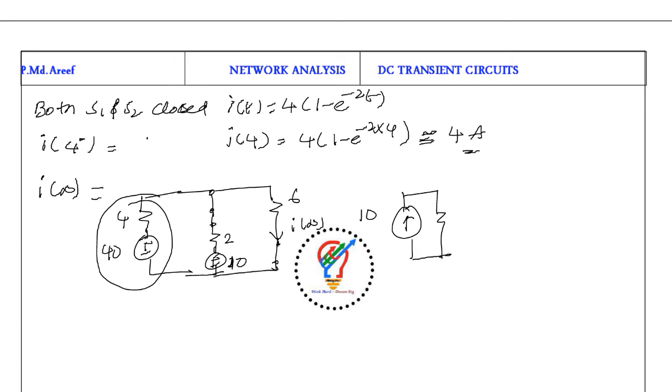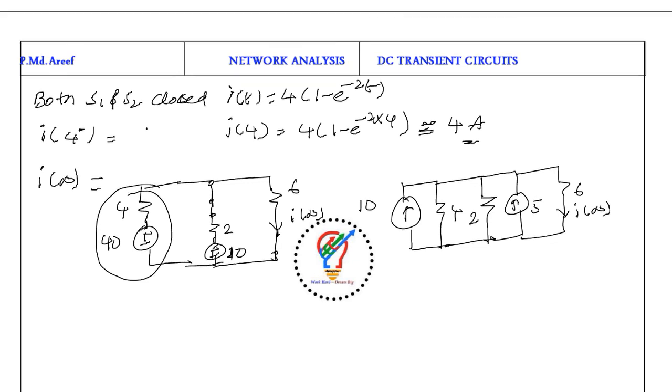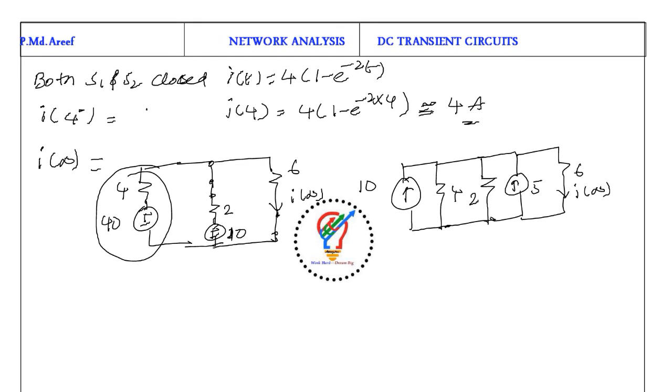Similarly, the voltage source in series with resistance can be represented as a current source in parallel: 10 by 2 means 5, and the resistance is 2. And here we have a resistance of 6. I want I of infinity here. So again we recombine them: 4 in parallel with 2 is 4 into 2 by 4 plus 2, which is 8 by 6, nothing but 4 by 3.